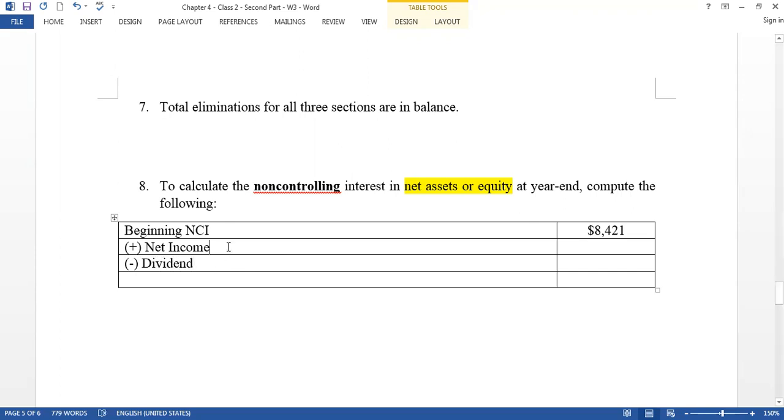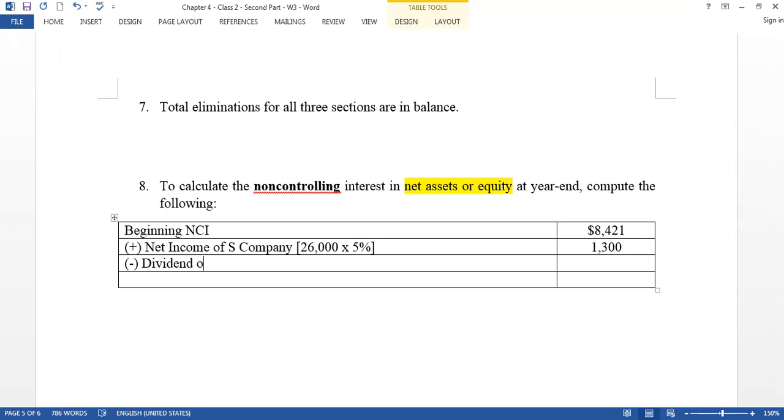So net income of S company, some part of the net income, and it is 5%. You remember that $26,000 was the net income times 5% goes to the NCI, right? $1,300.